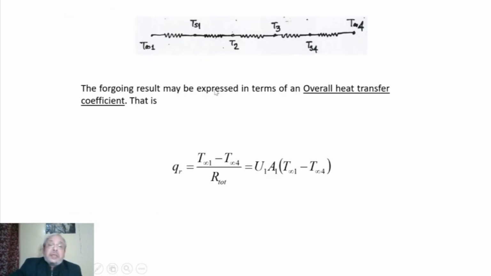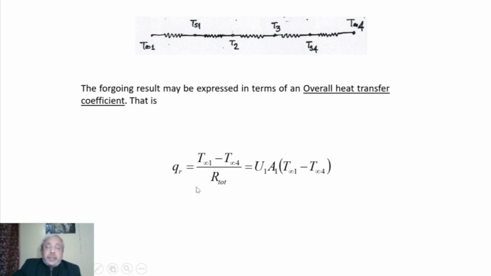So the foregoing result can be expressed in terms of overall heat transfer coefficient. Just like the convective heat transfer coefficient, we can coin an overall heat transfer coefficient term, which is given by U1 A1 into (T infinity 1 minus T infinity 4).